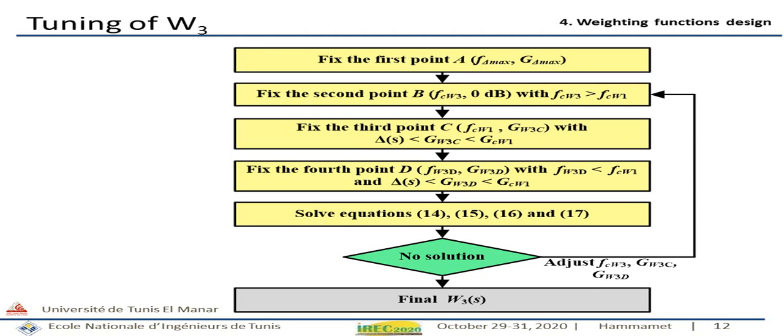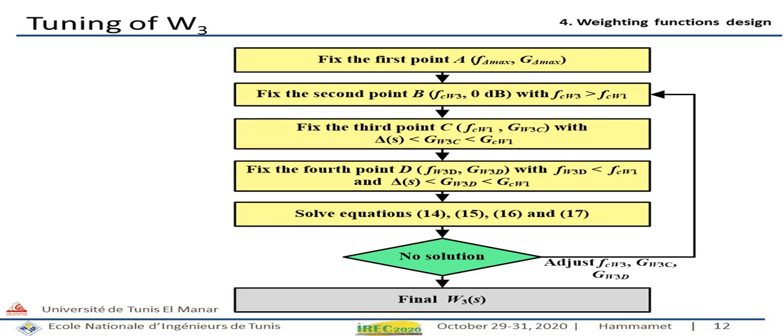The next step is the determination of the weighting function W2. To prevent the control signal from being too large, we assign to W2 a constant and small value. The next step after getting W1 and W2 is to set W3.